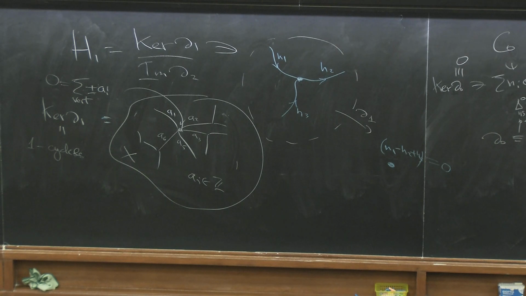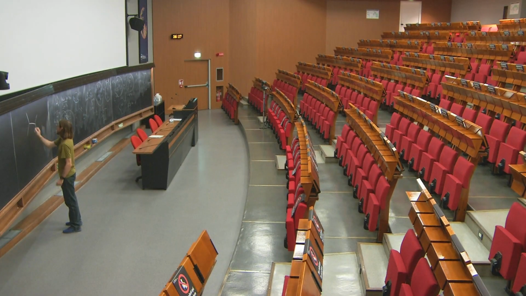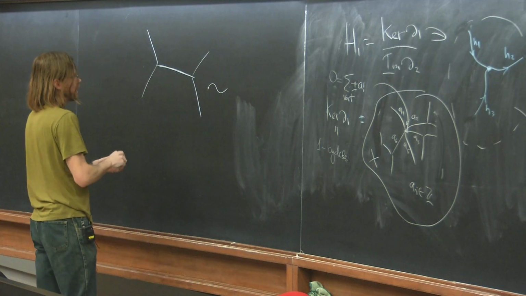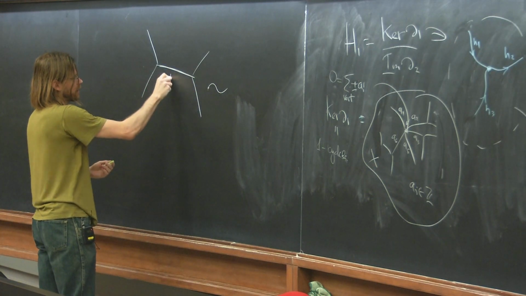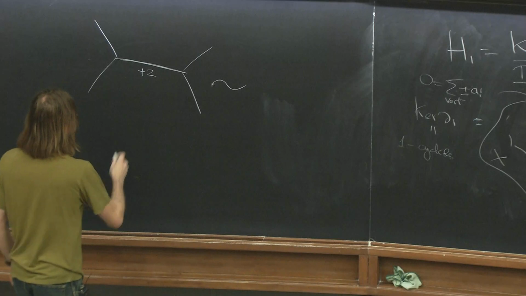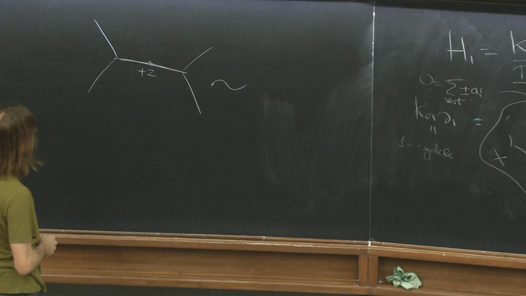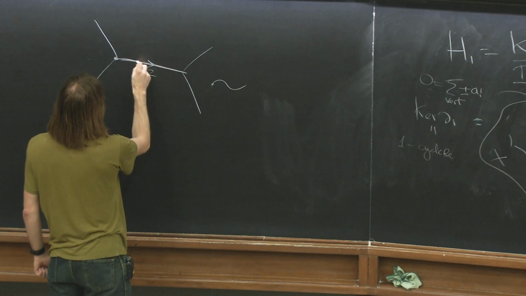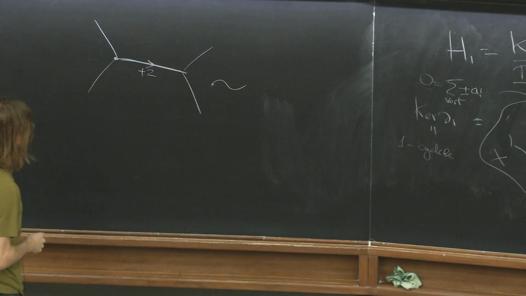So we can, for example, we have something like this. We can add, suppose this has +2, one simplex.